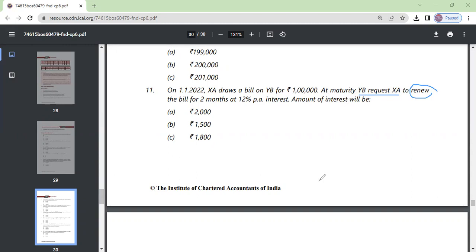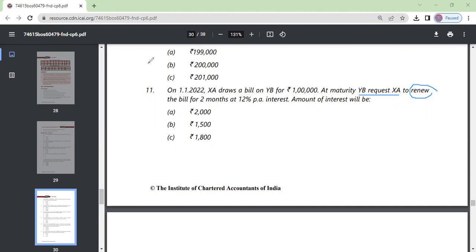First, we will explain the concept regarding renewal of the bill. If the drawee is unable to pay the bill amount on maturity date, then he can request the drawer to cancel the old bill and draw a fresh bill. That concept is called renewal of the bill. In the renewal of the bill concept, the drawer charges interest.